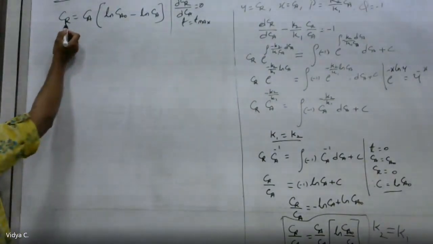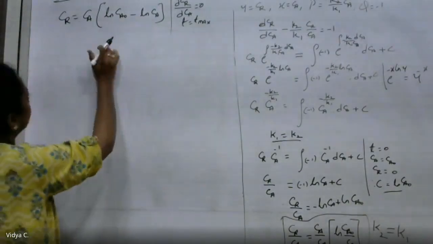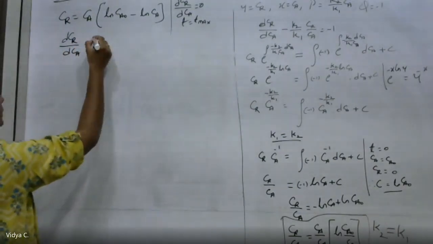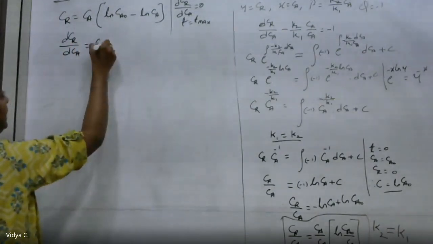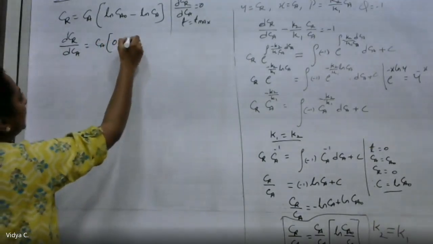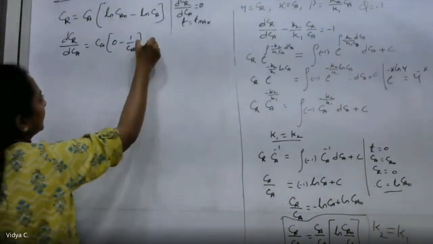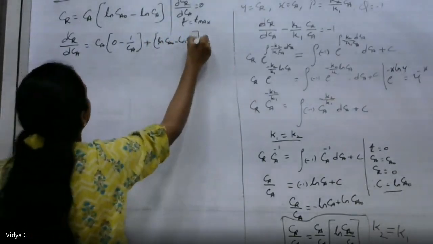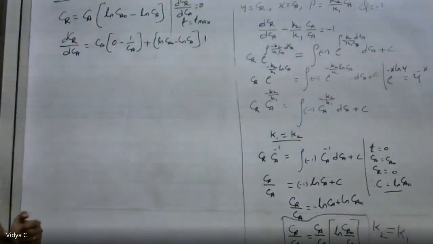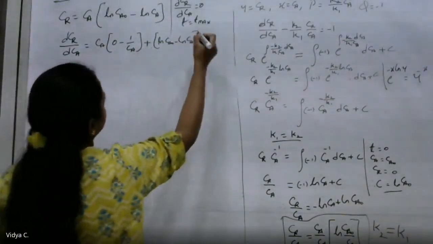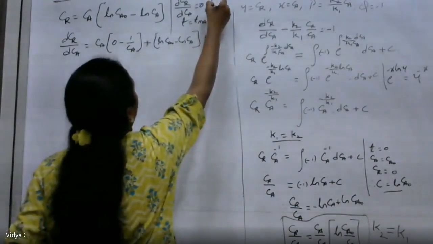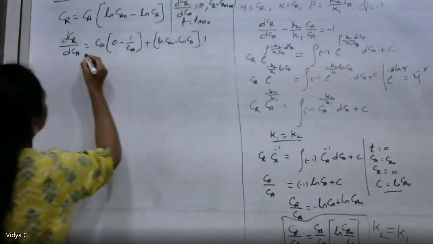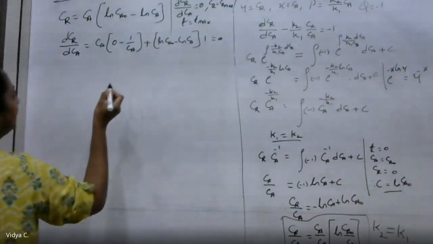Now what I'll do, I'll find DCR by DCA for this equation. So the DCR by DCA will be, CA into 0 minus ln CA is 1 by CA plus this term ln CA naught minus ln CA into 1. To find CR max, this will be equal to 0 and CR will be CR max.